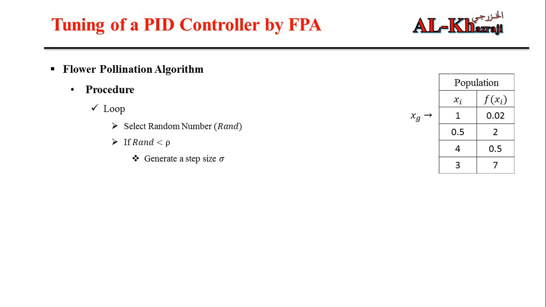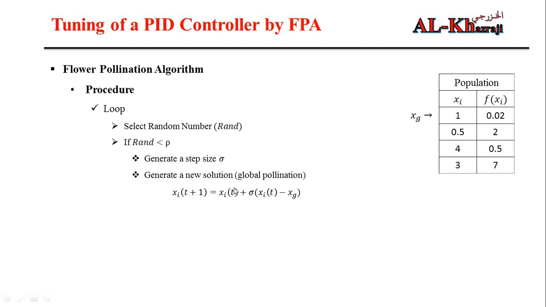You could also just set a fixed step size. It's up to the user. Then we use this equation, which is for the global pollination. So the next position of xi is the current position plus the step size multiplied by the difference between your current position and the xg, which is the best position you already found by the algorithm.